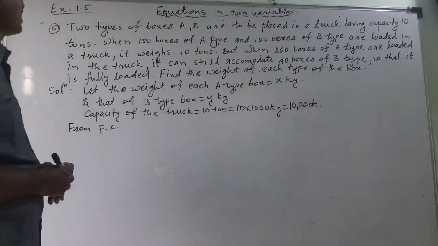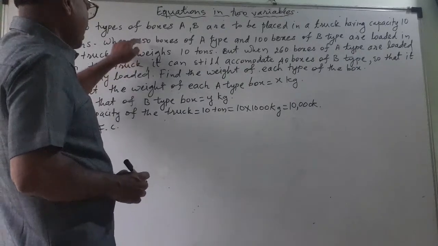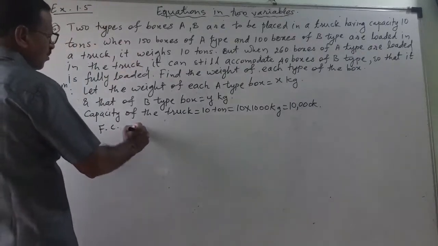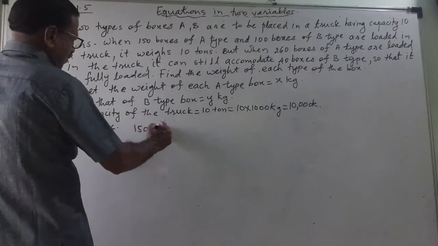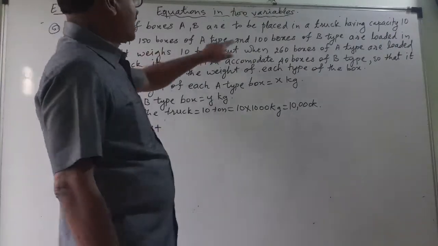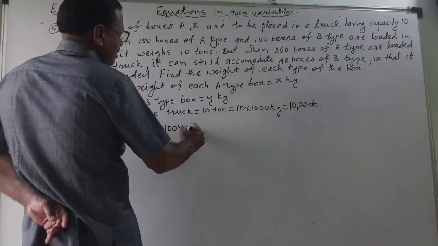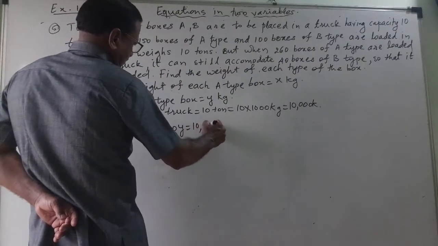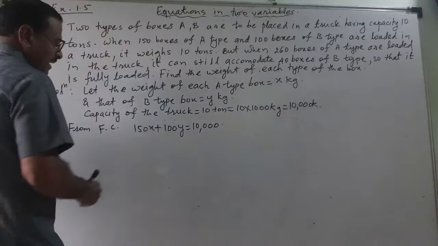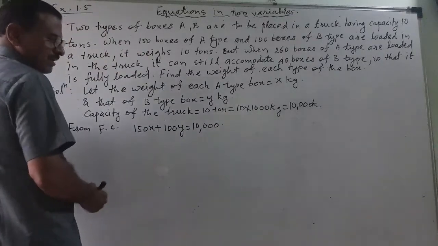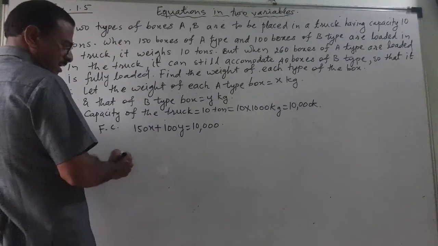Now from the first condition, what is in the first condition? A type boxes 150, their weight will be 150x, plus B type boxes 100, 100y, is equal to 10 ton. Now I can divide by 10 throughout.